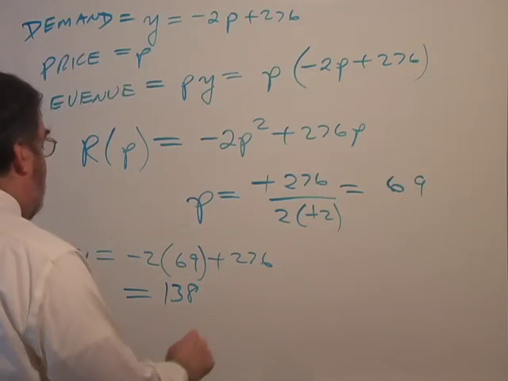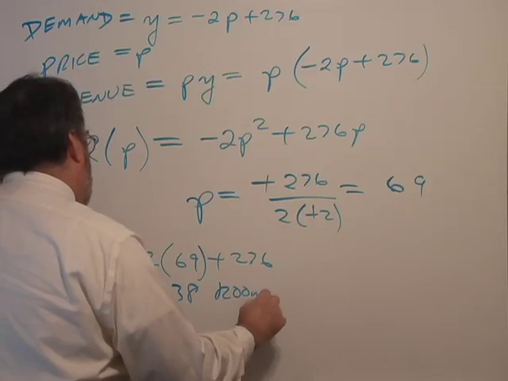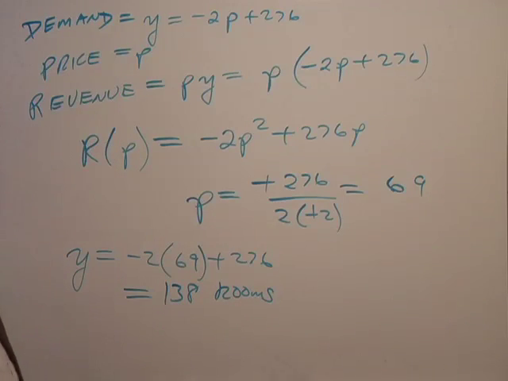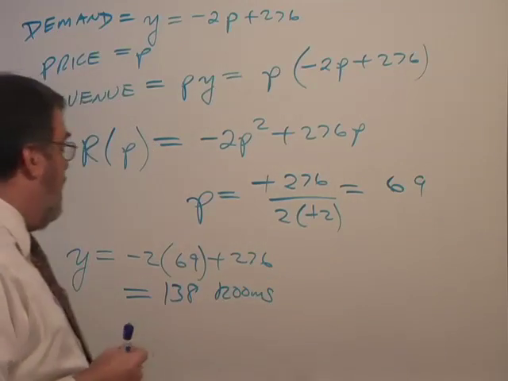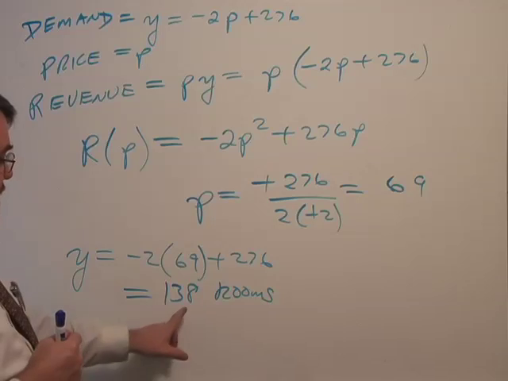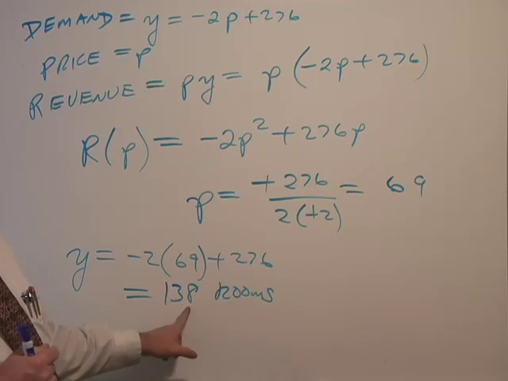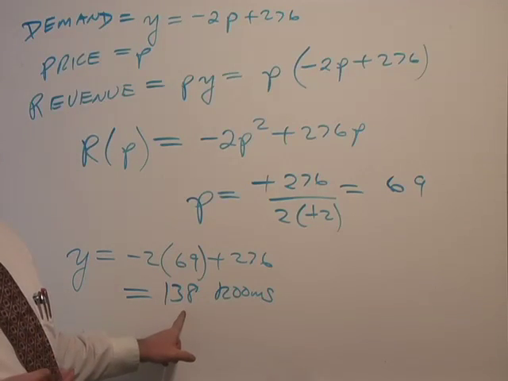So 138 is the number of rooms they would be renting out. All right, so it looks like, and I'll clean this up and write out the answer, but the price they're charging to maximize revenue should be $69. And by charging $69, they would rent 138 rooms. They would have a lot of vacancies, wouldn't they?